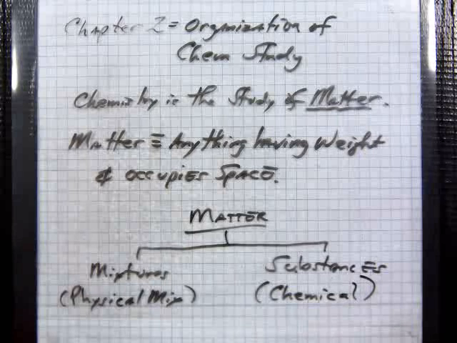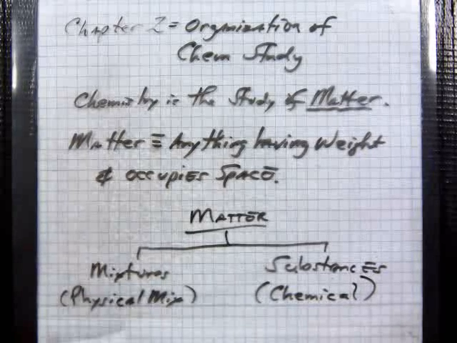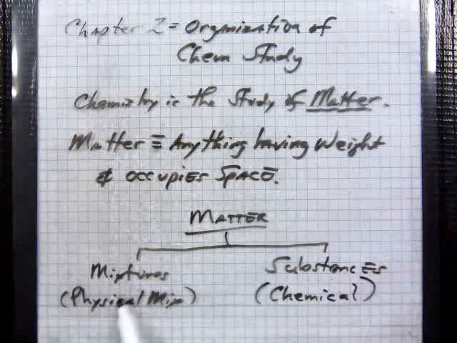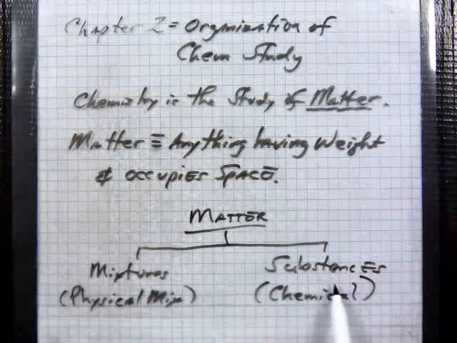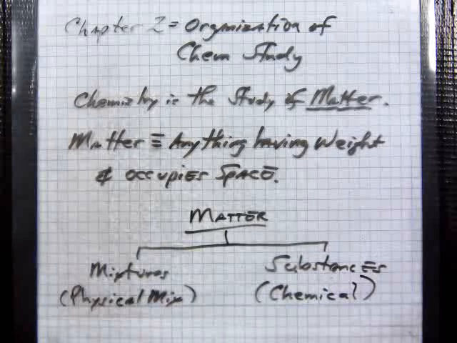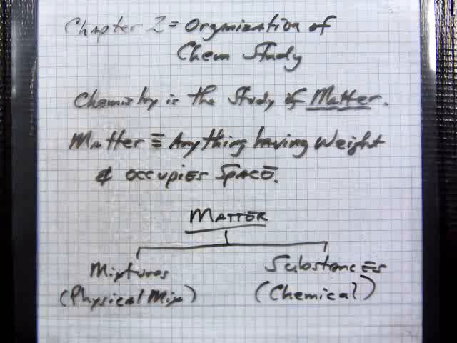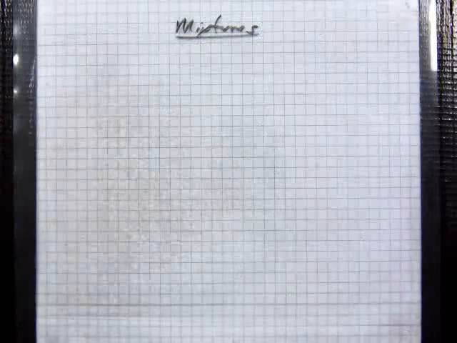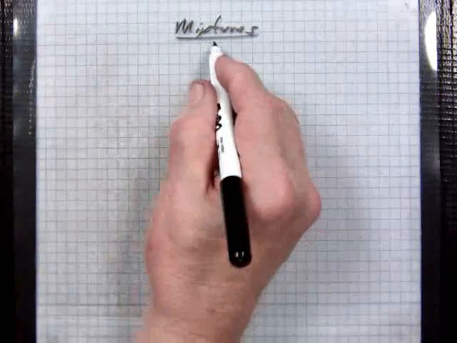So in the study of whatever we're looking at, the idea is to break down the mixture side and the substance side of the diagram into the more fundamental particles, and then start there and build back up. Because we can study the simple first and then build to the more complex.